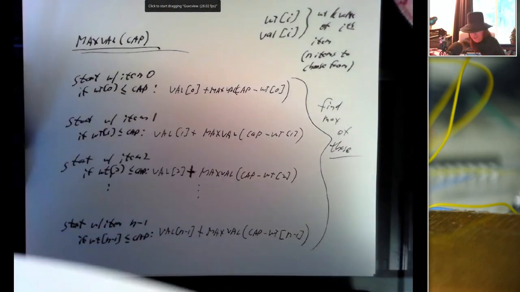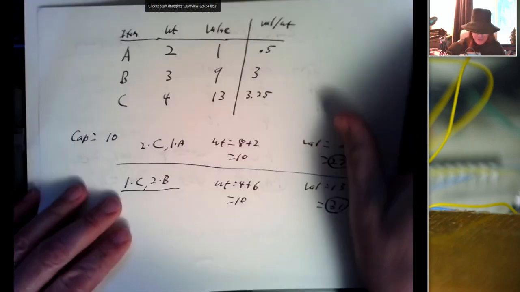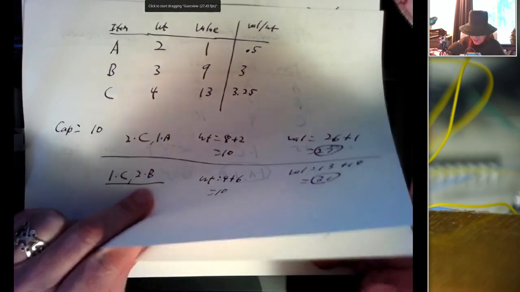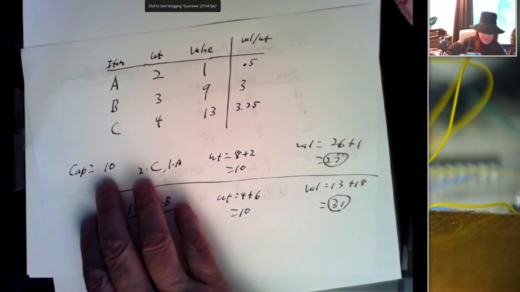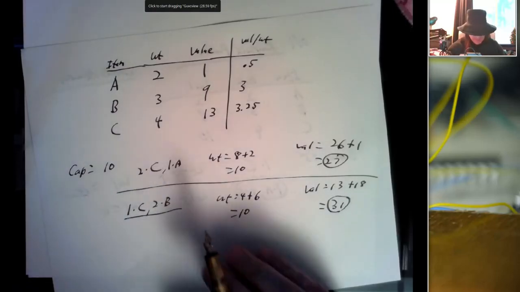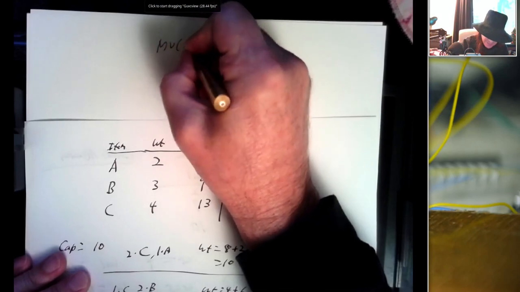So let's go back to a sample problem where we had just an inventory of 3 items, and let's see how this works out if we want to find the maximum value for a bag of capacity 10. So let me just abbreviate this MV10.